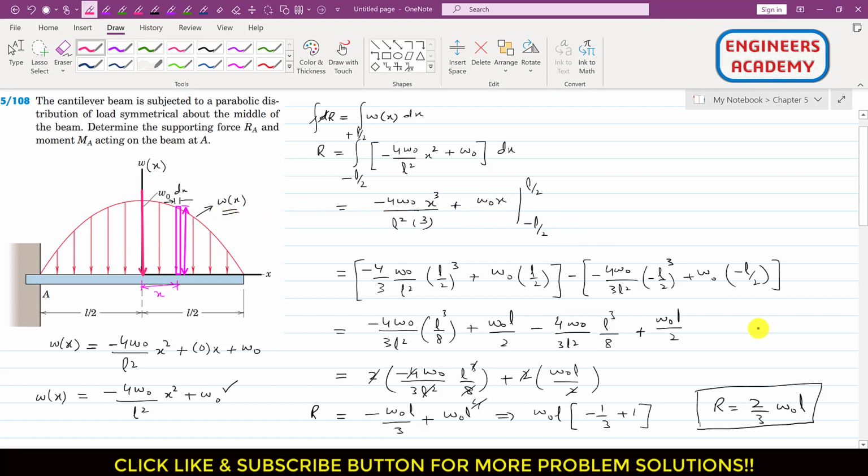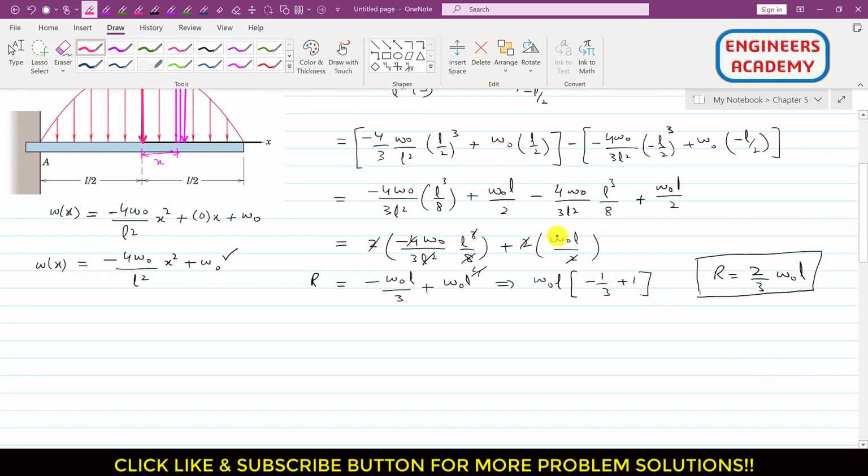So then we can draw the free body diagram, right? So this will be our free body diagram. This will be my beam, right? This is that point A, and at this point A, we will have an X reaction, we will have a Y reaction, and we will have the moment support as well, right?